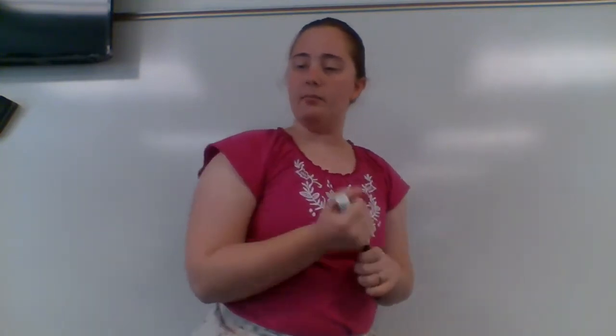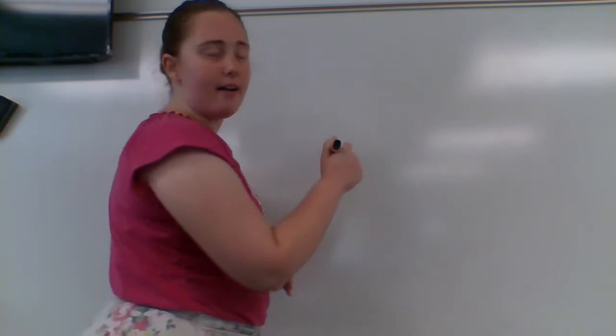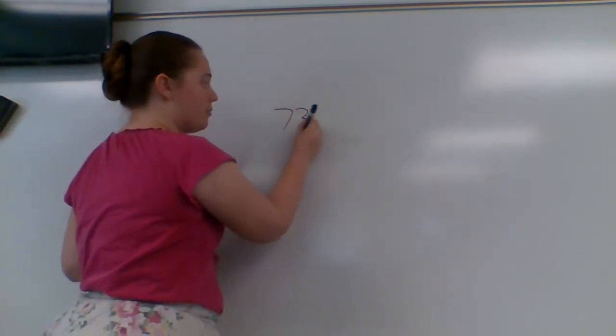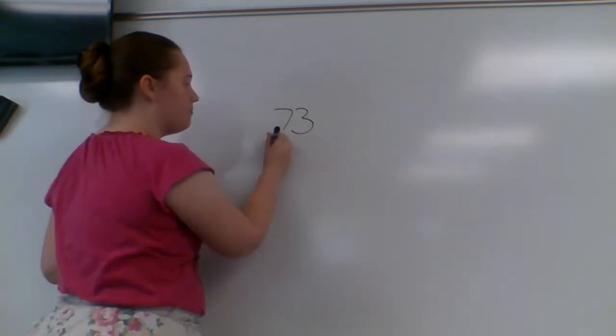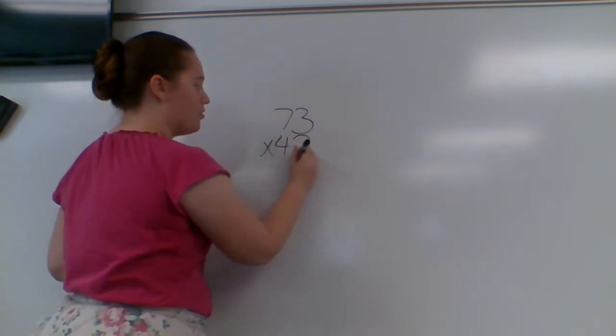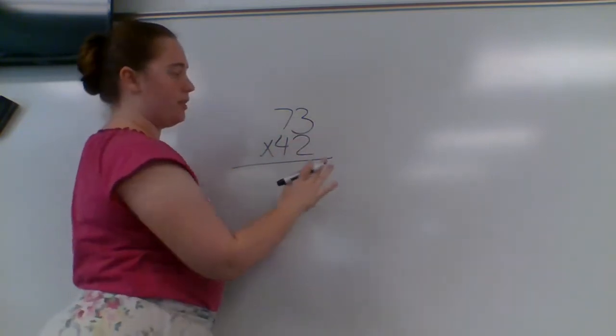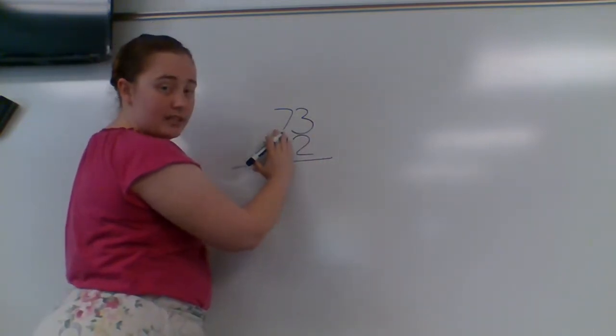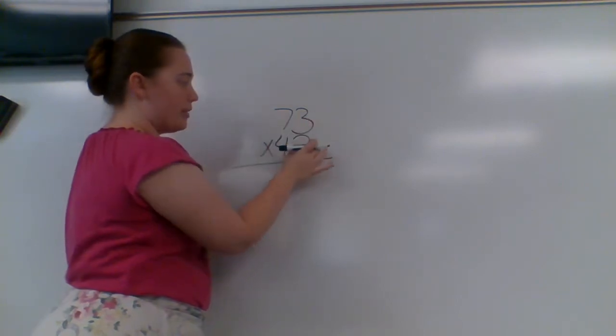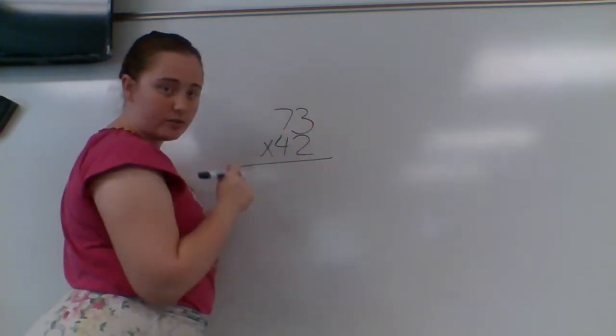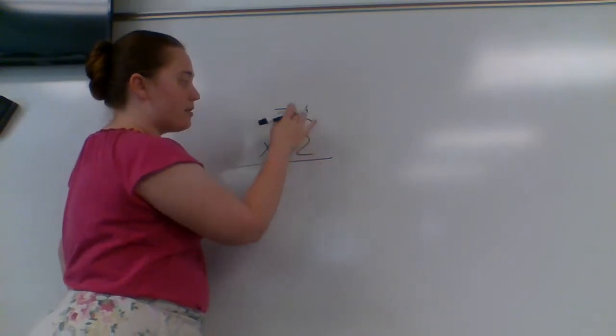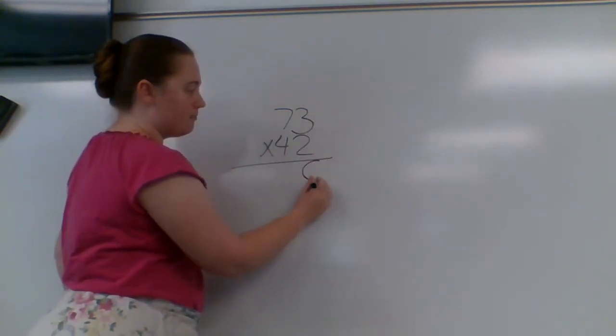So number 2, letter A, we have 73 times 42. And this is just multiplication. So let's go ahead and ignore this tens place. So we just have the 73 times 2. We already know how to do that, so let's go ahead and do it. 2 times 3 is 6.